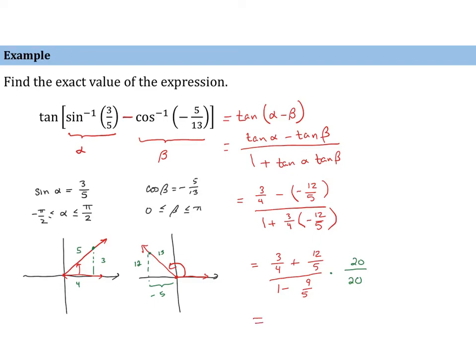If we do that, we would get 15 plus 48 over 20 minus 36, which equals 63 over negative 16. So we can write that as negative 63/16.